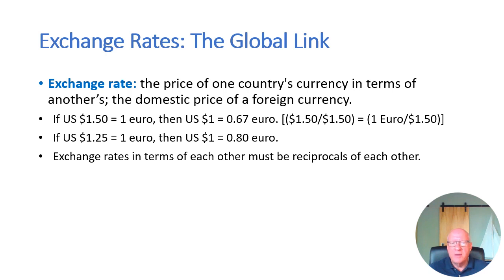So how do you do that? Well, again, you divide both sides by 0.80, and that turns the right-hand side into 1 euro, and then 0.8 into 1 gives you 1.25. So a European would say, in this particular example, if $1 buys 0.8 euros, they would say 1 euro buys $1.25 of US currency.